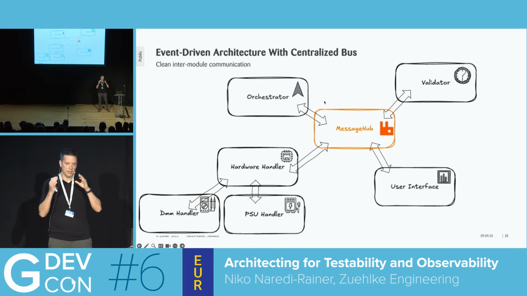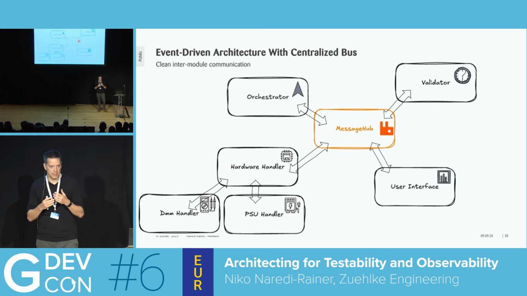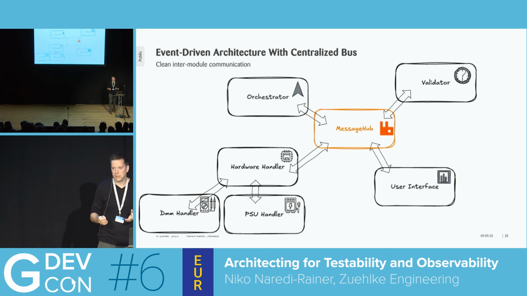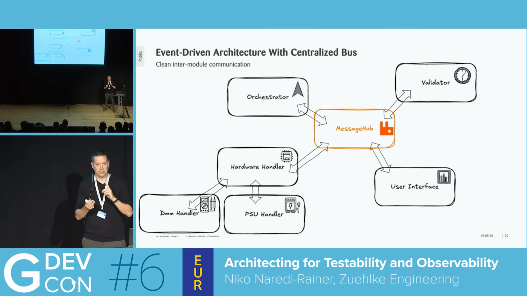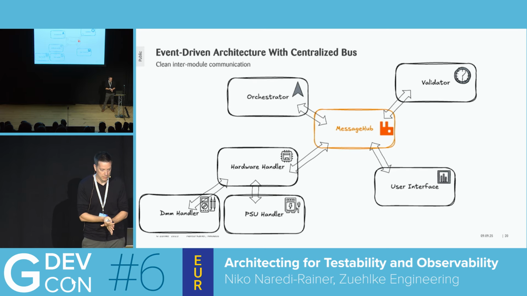That means they're publishing and subscribing to messages, or sending messages to other modules, but they don't know what those are. Is that a DQMH module? Is that a worker? Is that an actor? Is that a simple event loop sitting in a single VI somewhere? Or are we even staying in the same programming language? They don't know, and probably they don't care, because all they know is the interface to the event bus.